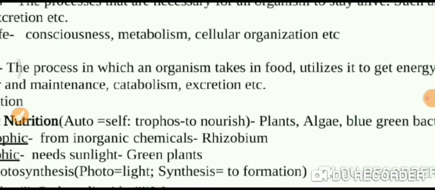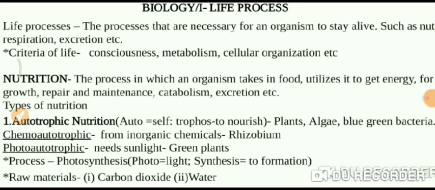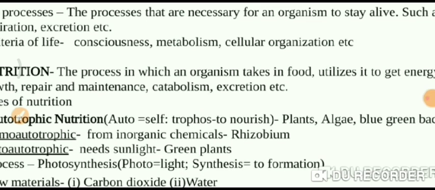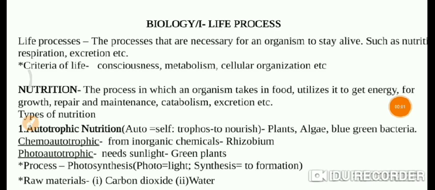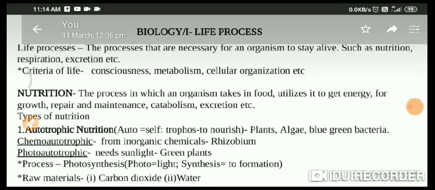The other one is photoautotrophic nutrition. The type of nutrition in which an autotroph depends on sunlight for its food. For example, green plants. Photosynthesis is a process by which green plants make their own food with the help of carbon dioxide and water inside a cell organelle, which is also known as the kitchen of the cell.